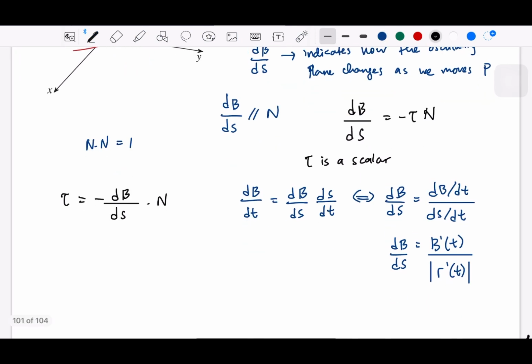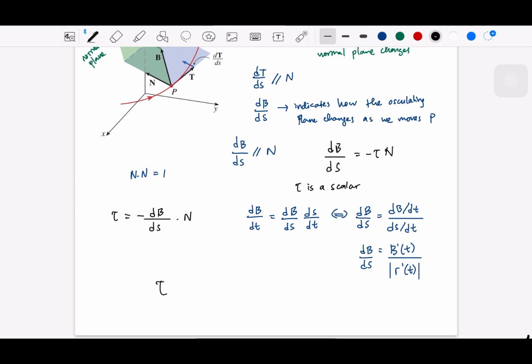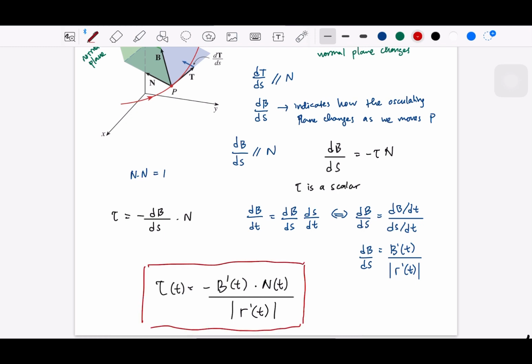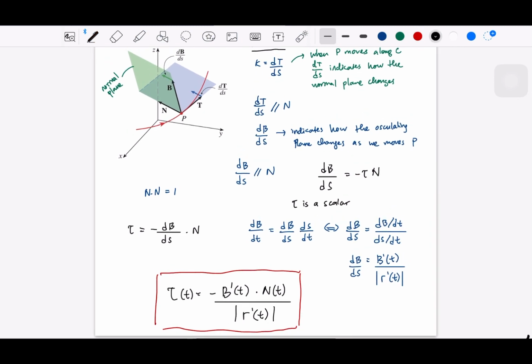So we can write the torsion dot N over, so this is the torsion.